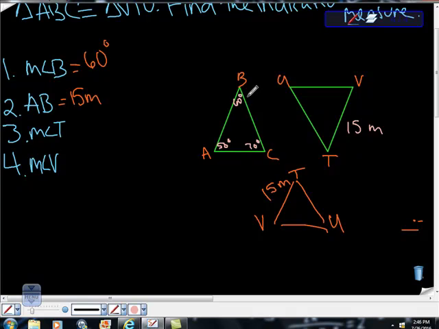Next it says to find the measure of angle T. We know that these are congruent to one another because it's given already.